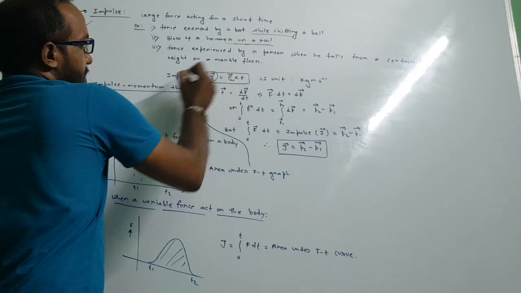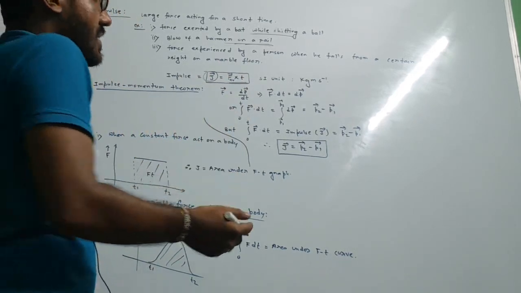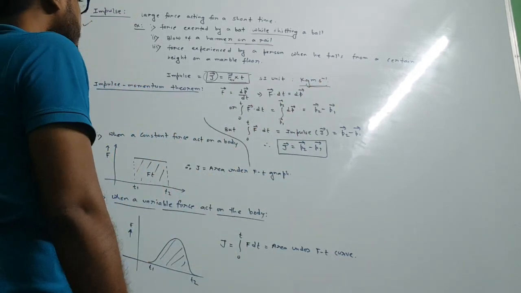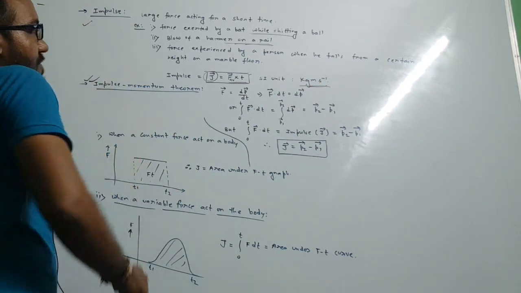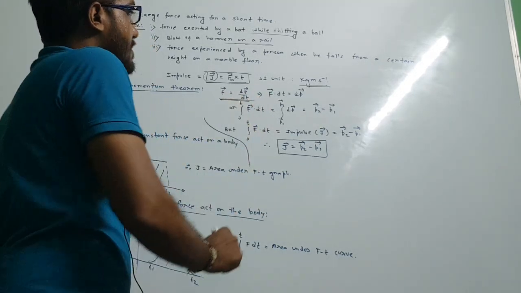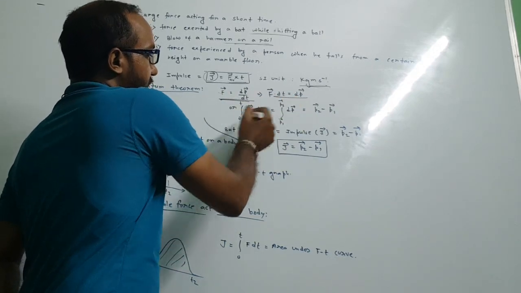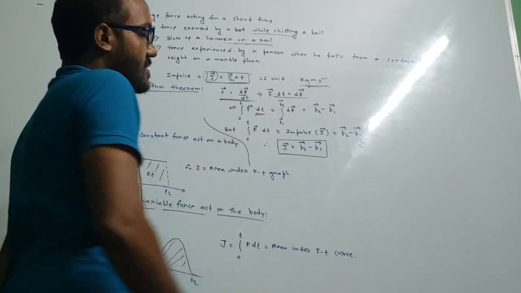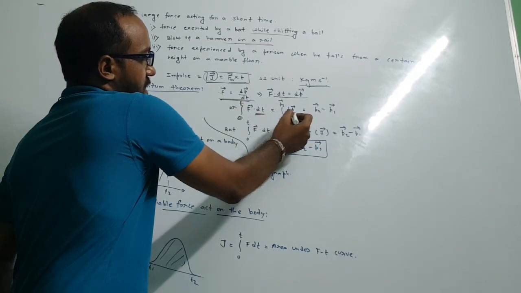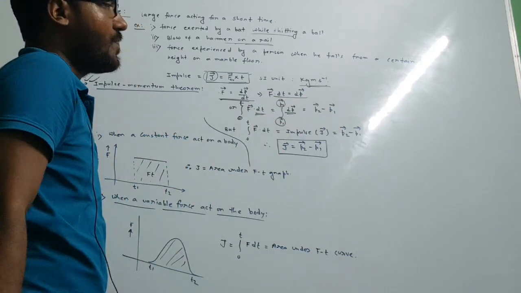Impulse is represented by J, and impulse is average force multiplied by time. Its SI unit is kg meter per second. Now what is impulse momentum theorem? See, we know F is rate of change of momentum, so F into dt we can say is dp. Now integrate both sides, as it is the time component, so this is 0 to t, and here it is momentum, so initial momentum is p1, final momentum is p2.